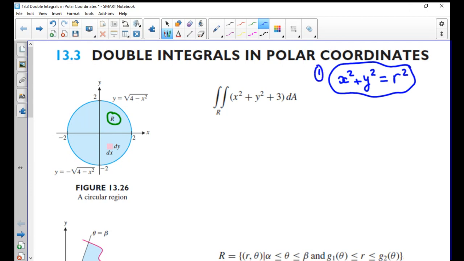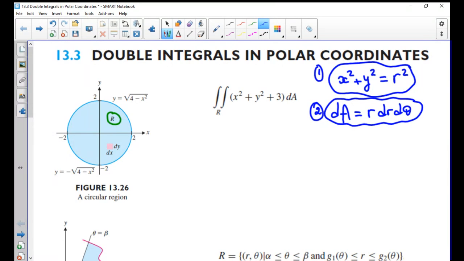So whenever you want to use polar coordinates and you see x squared plus y squared, replace that with r squared. Now, the other thing which is also important is the dA. Before it was dx dy. Here r dr d theta. Very important. dA should be replaced with r dr d theta.